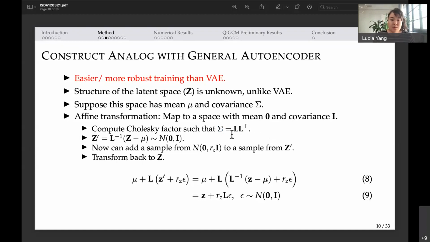But what you do is now when you're generating an analog, you would encode your state variable as you did before using your encoder. And then instead of just picking noise from the standard normal distribution, you would then transform that encoded state into this new space that has zero mean and identity matrix.